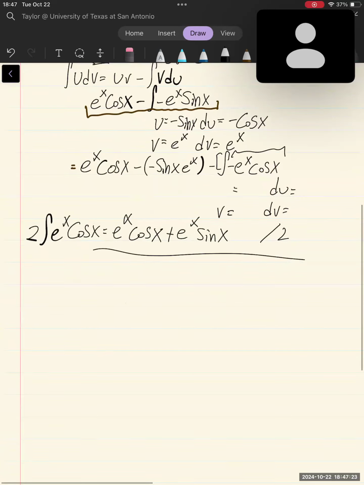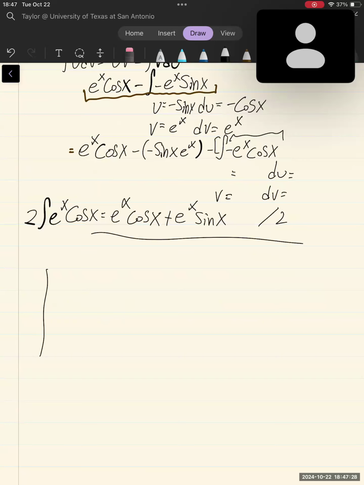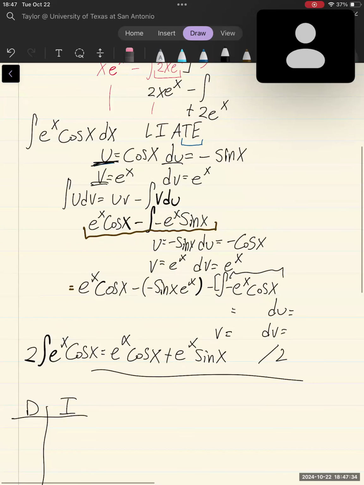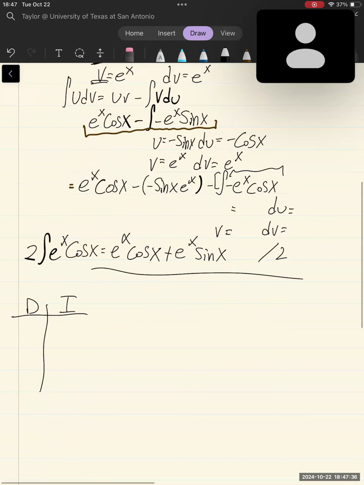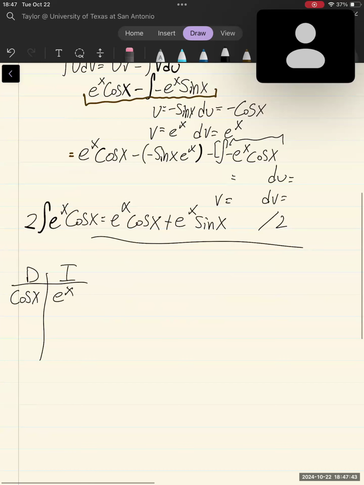Now, the difference is I'm going to do the same problem, but using the tabular method this time. And remember, we used cosine as my derivative term, and then we used e to the x as my integration term. And then the derivative of cosine is negative sine x, and we have negative cosine.